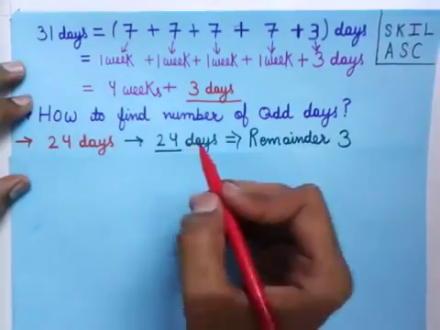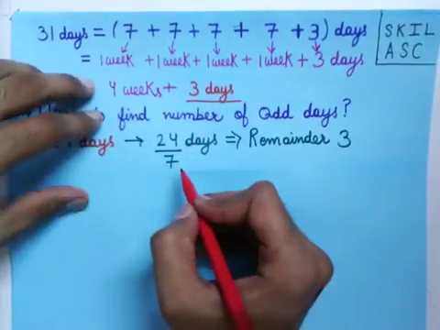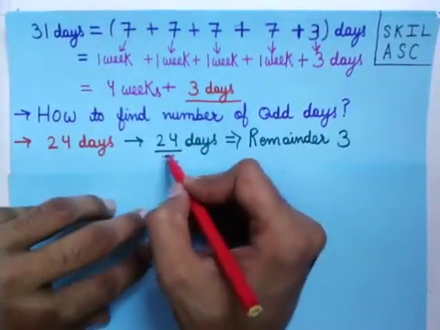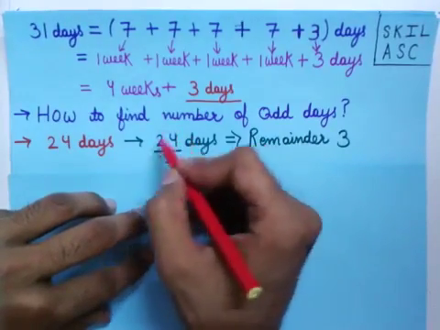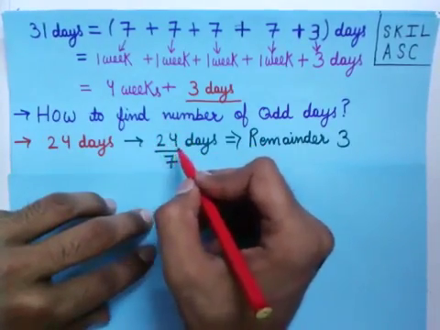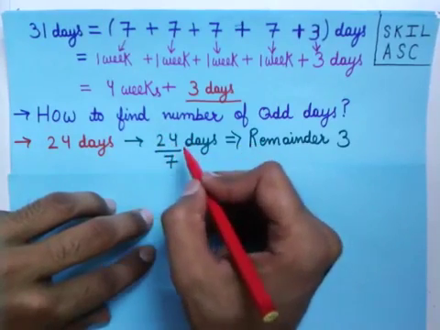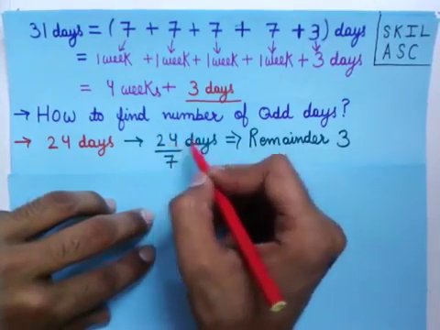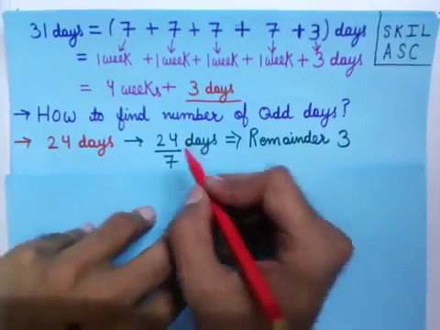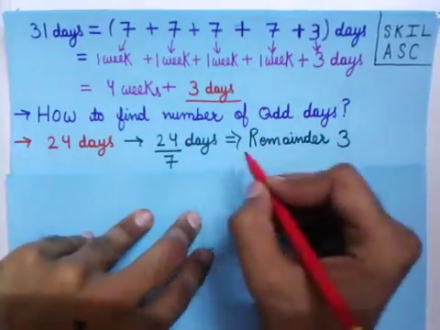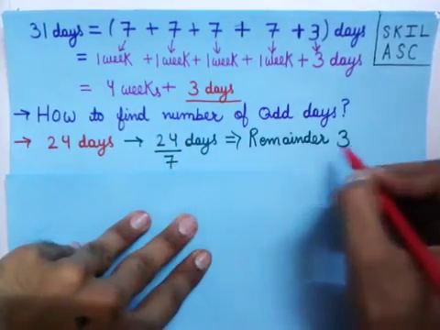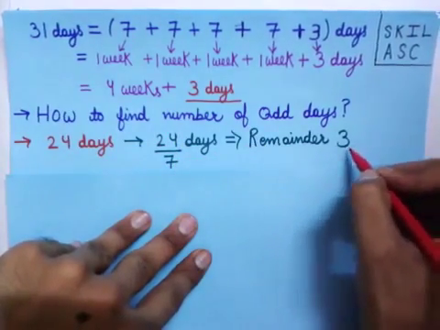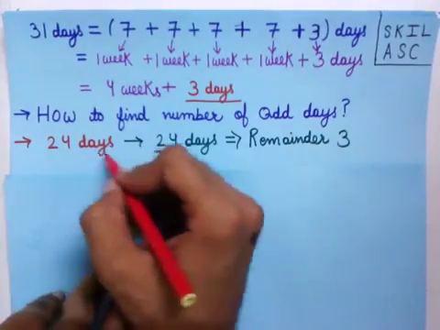So what we do is we divide 24 by 7. So this 7 will cancel out all the weeks or all the 7 days in it and will give us the remaining days, which are the number of odd days, and that will be the remainder. So in this case, if we divide 24 by 7, then the remainder is 3, and this is the number of odd days in 24 days.